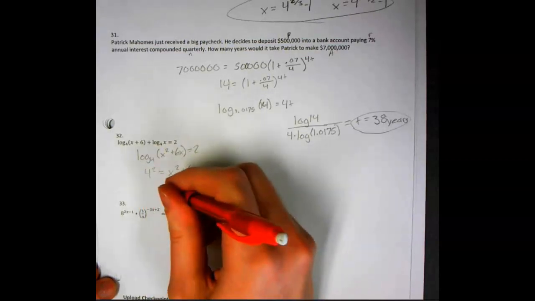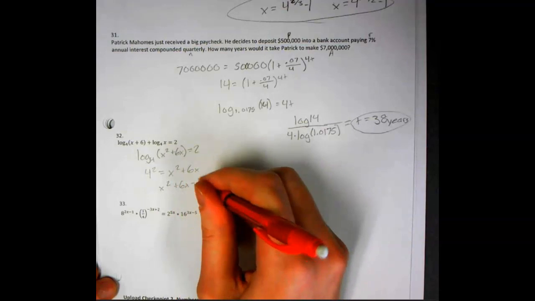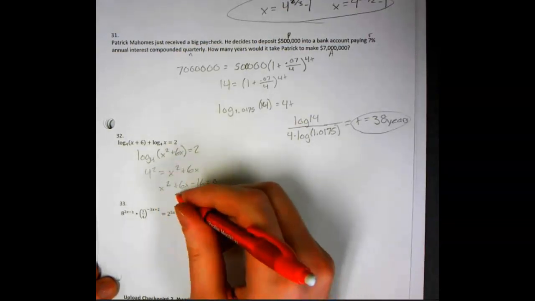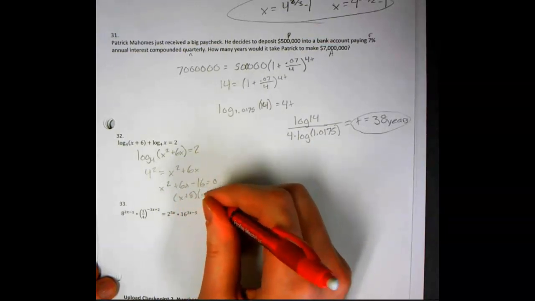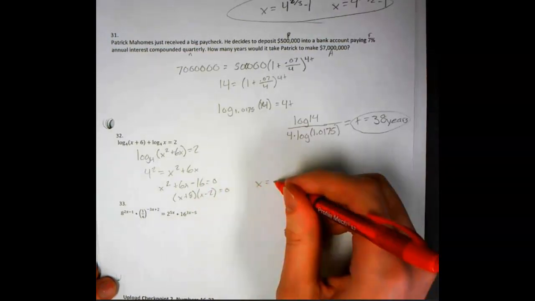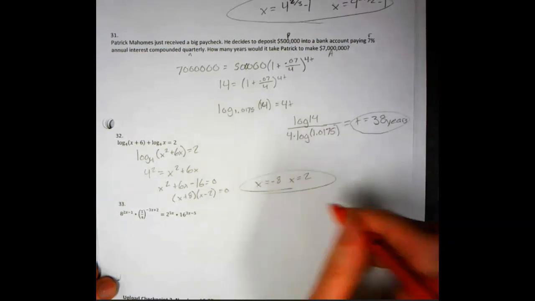We'll bring this over, so we have x squared plus 6x minus 16 equals 0. We're going to factor this, so we'll have x plus 8, x minus 2. So x is going to equal either negative 8 or x will equal 2.